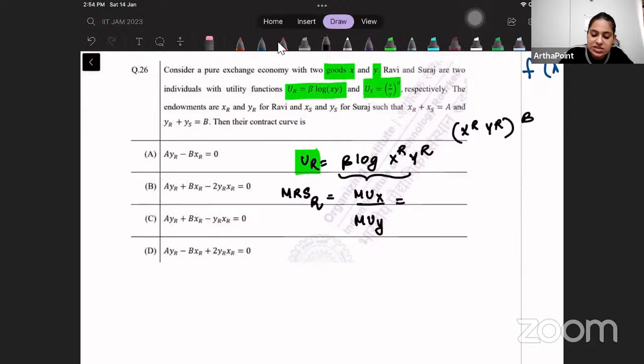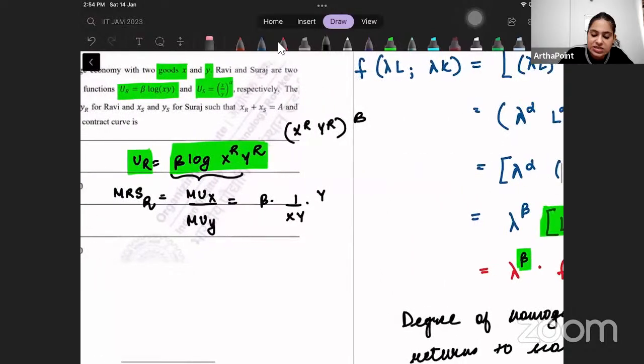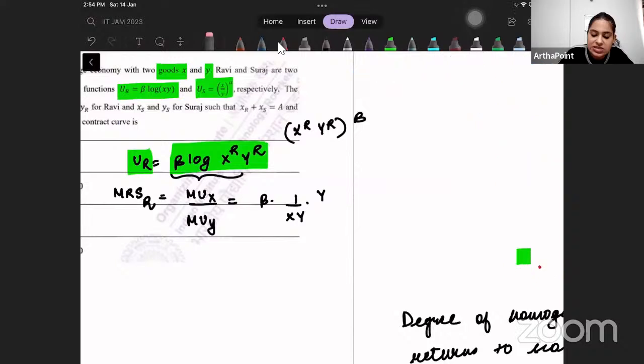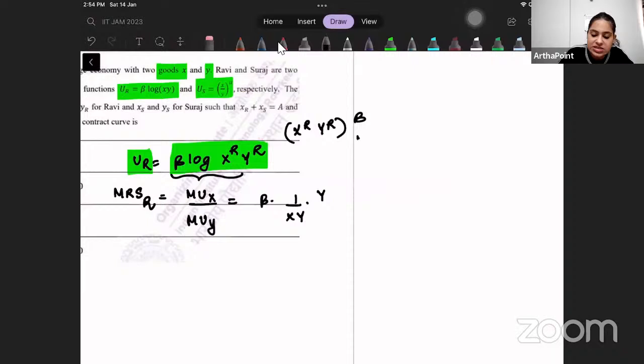Differentiate this with respect to X. You will get beta into 1 by XY. Beta log XY becomes XY only, and when you differentiate XY with respect to X, you will get Y. Alternatively, if you had done it for the utility function XY to the power beta, what would you have got?